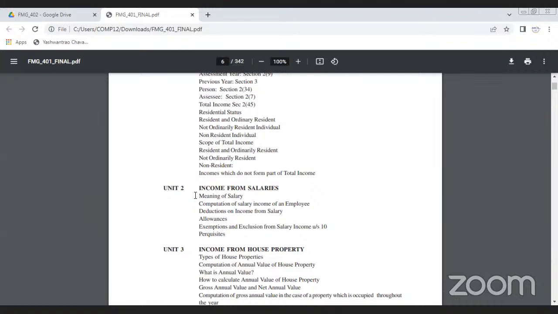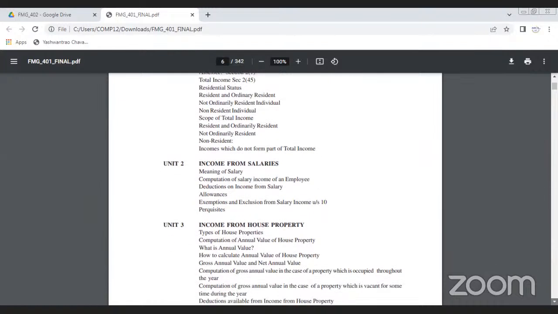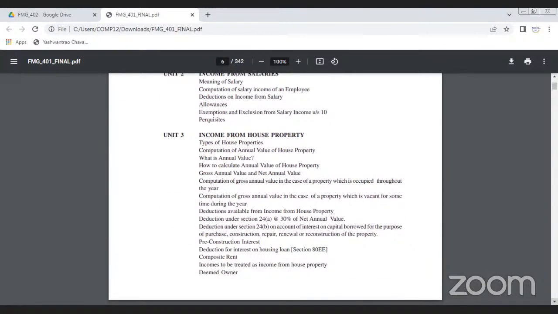After that, income from house property, the types of house property which have to be computed for the year, computation of annual value of house property. After that, what are the annual values and how the calculation of annual valuation of property, gross annual value and net annual value, computation of gross and annual value in the case of property which is occupied during the year. So these are the concepts related to house property.